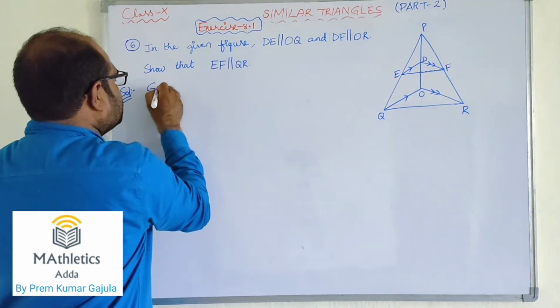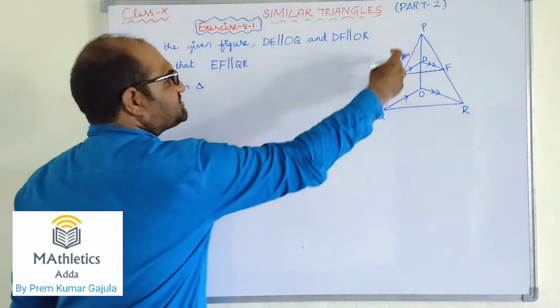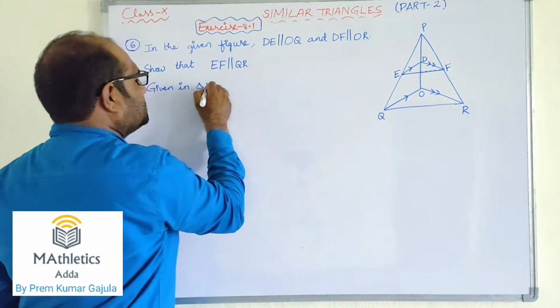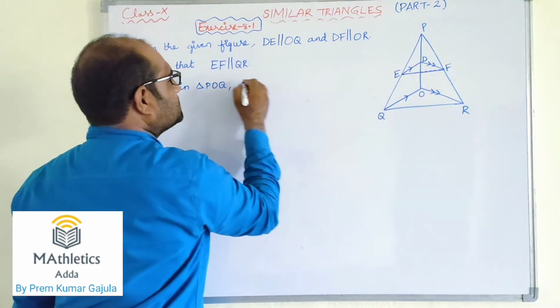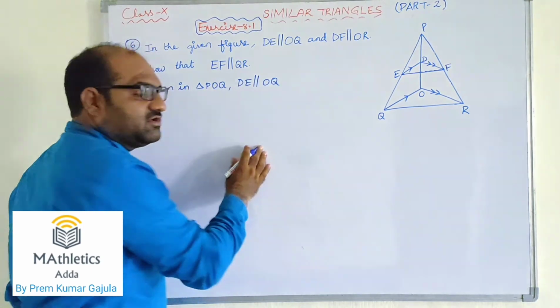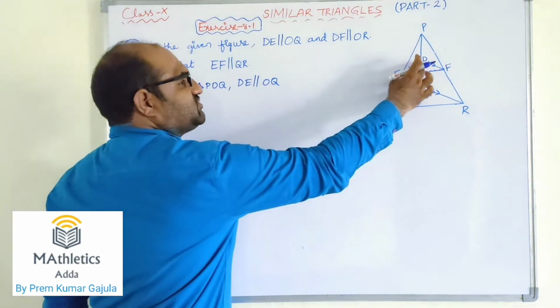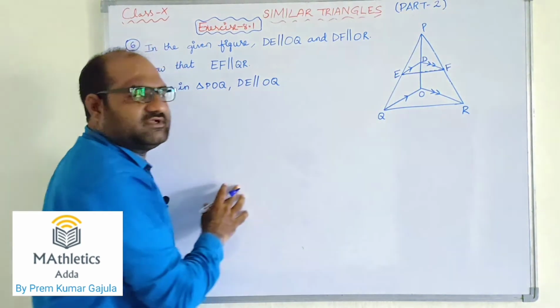So what is given? Given in triangle POQ, DE is parallel to OQ. Now we know that if a line is drawn parallel to one side of a triangle, then it should divide the other two sides in equal ratio.